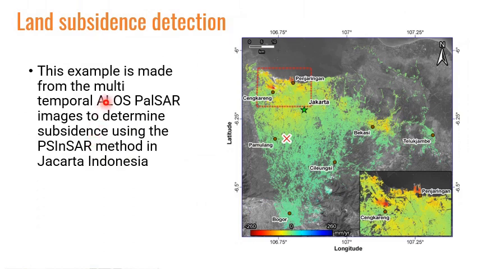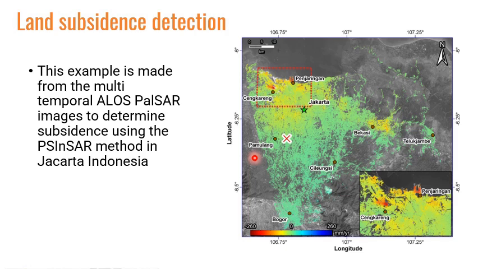Here is another example of application: detecting land subsidence. In this example, they use multi-temporal ALOS PALSAR images to determine the subsidence using the PSInSAR method in Jakarta, Indonesia. PSInSAR, as I also showed before, is a multi-temporal SAR images method. They use a time series.